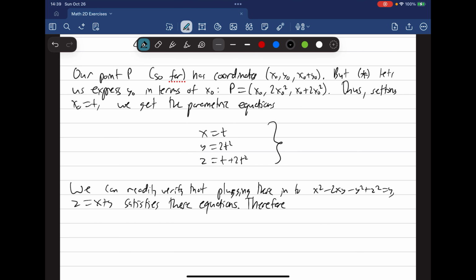Therefore, if I call this system dagger, dagger are parametric equations for a curve. And let's get a visual for what this curve looks like compared to the two surfaces that we have on Desmos 3D. So let's hop over there right now.